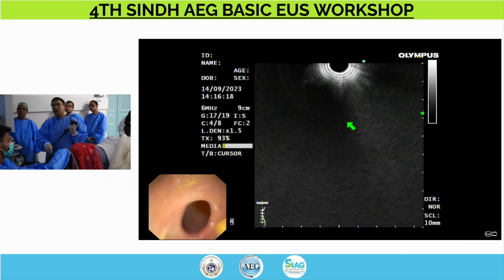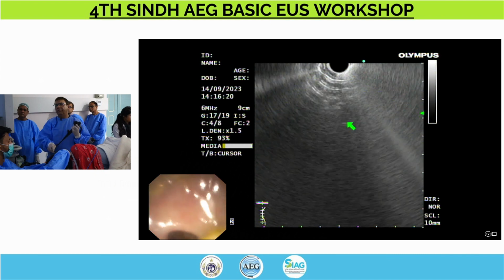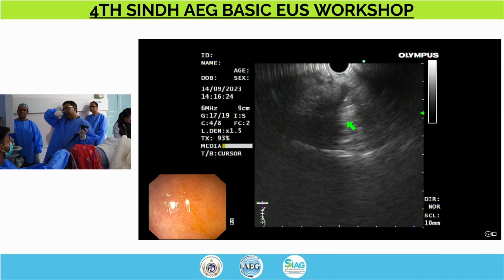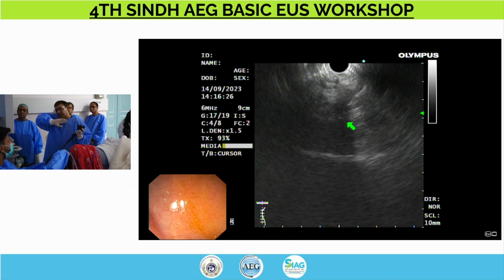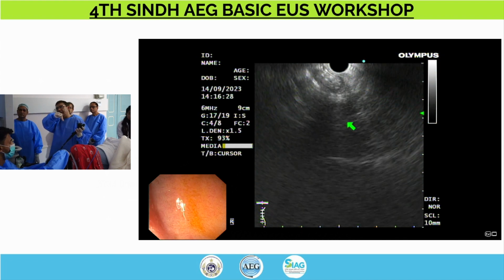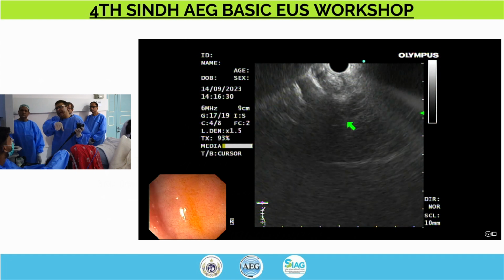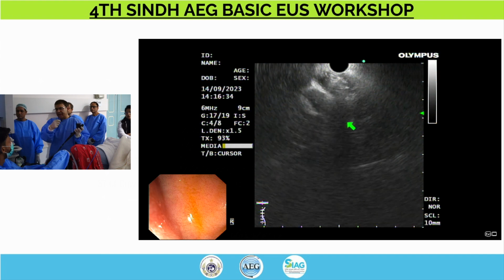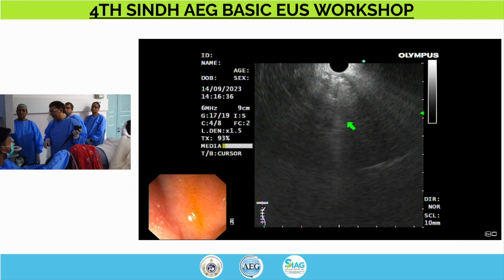So now what I'll do is I'll get through the pylorus, and also remember that if you're just looking straight onto the pylorus with the camera, you're never going to get into the duodenal bulb because your transducer is like 1.5 to 2 centimeter beyond the camera.